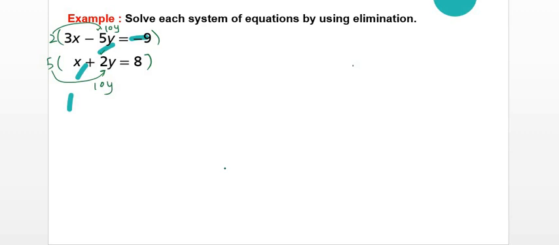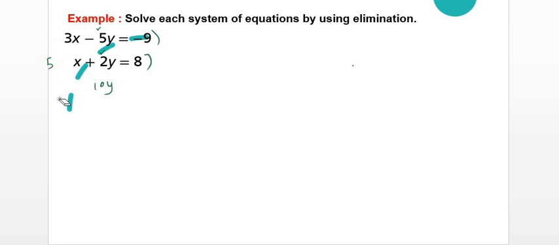So it's all your choice. You want to equate the coefficients of x? Yes, you can go for it. If you want to equate the coefficients of y, yes, you can go for equating the coefficients of y. Our main target is to equate the coefficients of either x or y.